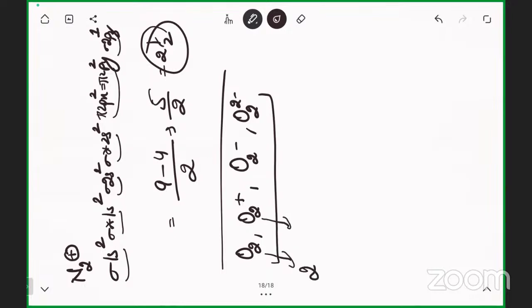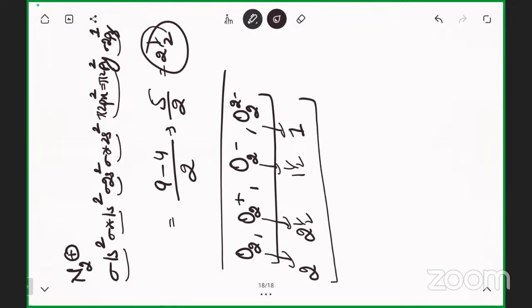Bond order of O2 positive is 2.5, that is 2 and 1 upon 2. O2 negative is 1.5, 1 and 1 upon 2. What about O2 2 negative? The bond order is 1. Again, check. Yes, 1. So this is the bond order.